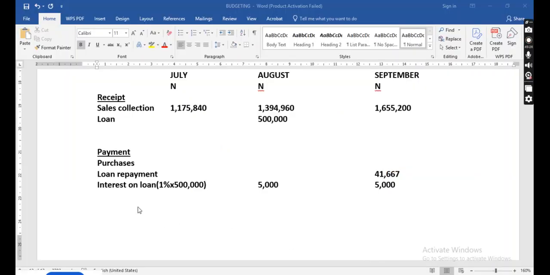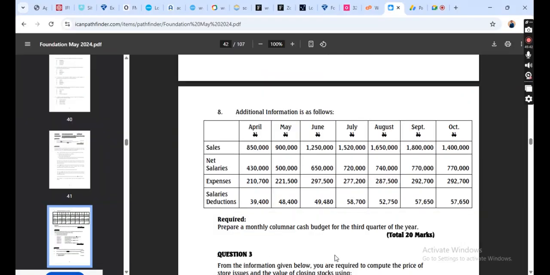So the salaries deduction. July, 49,480.